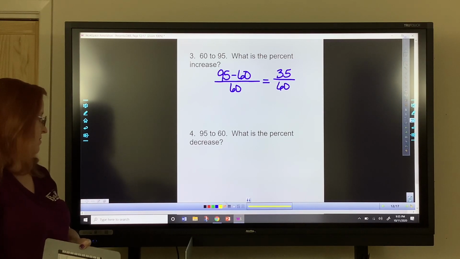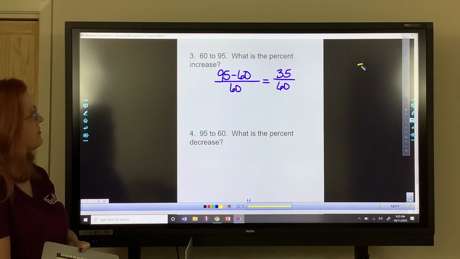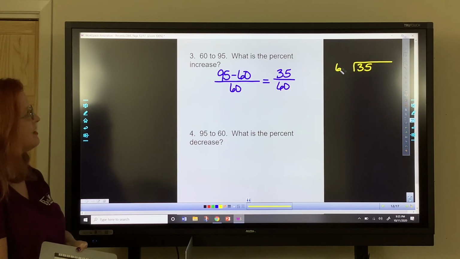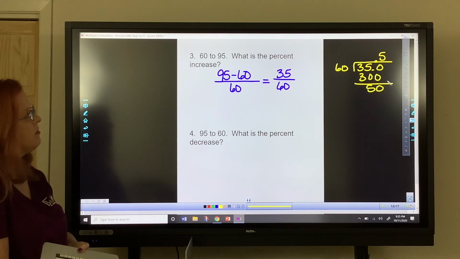I've got to write that over here because the top number goes on the inside, bottom number goes on the outside. Bring down the 0. 60 into 500 would be 8.